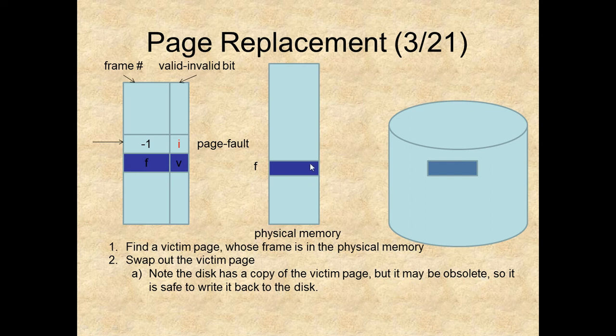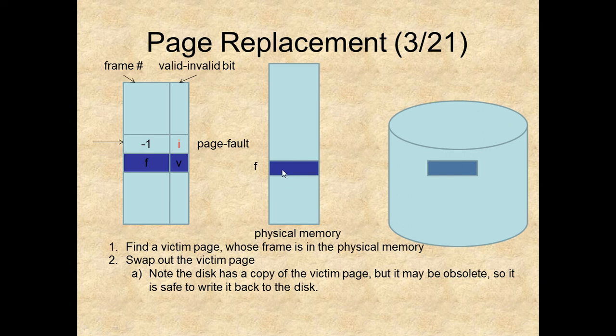In other words, remember that under demand paging, the pages stay on the disk until needed, and when they are needed, they will be loaded from the disk to the memory space. So this blue page was on the disk and must have been loaded to the physical memory space.